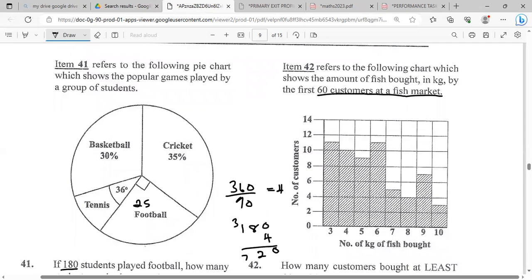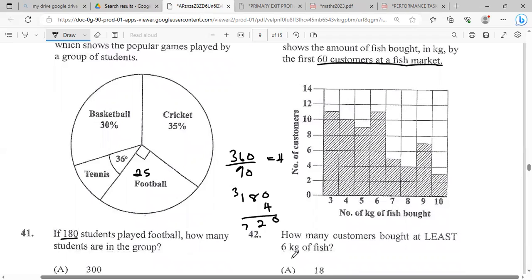How many customers bought at least 6 kilograms of fish? So first we identify 6. They say at least, so you can buy 6 or greater. So here we have 11 persons who purchased that. Then we have 5 persons. So everything greater, right? And then we have 4.